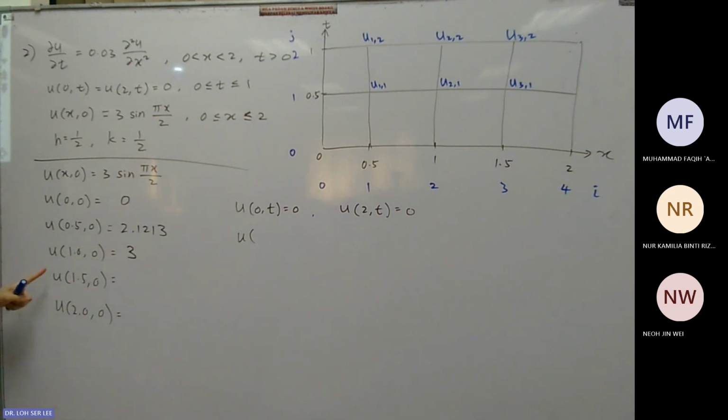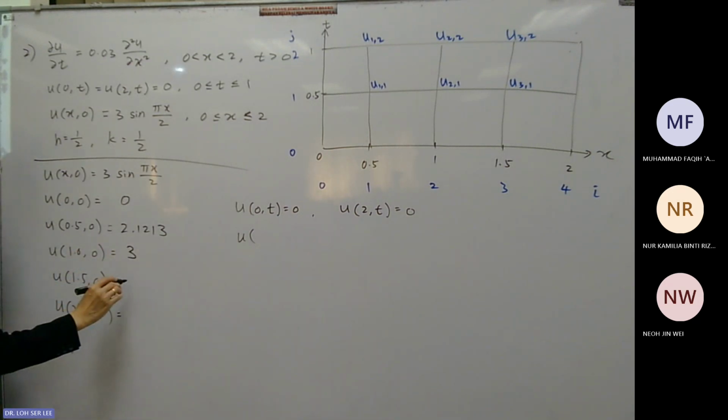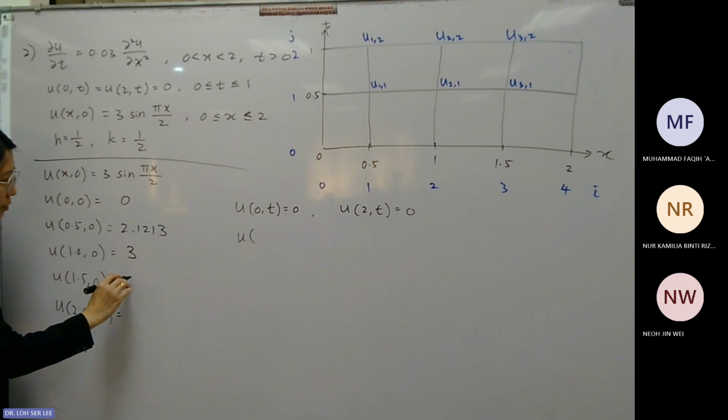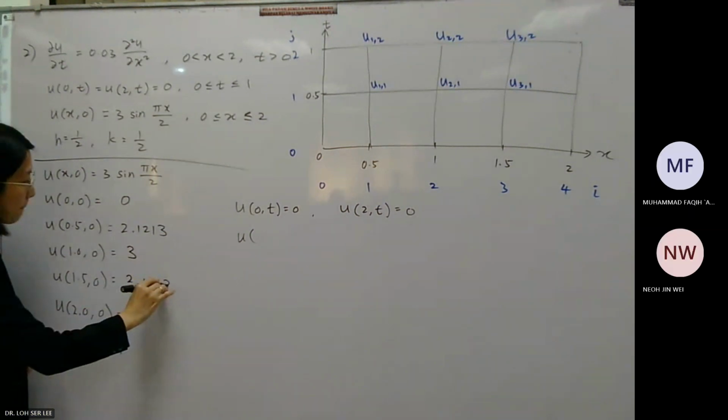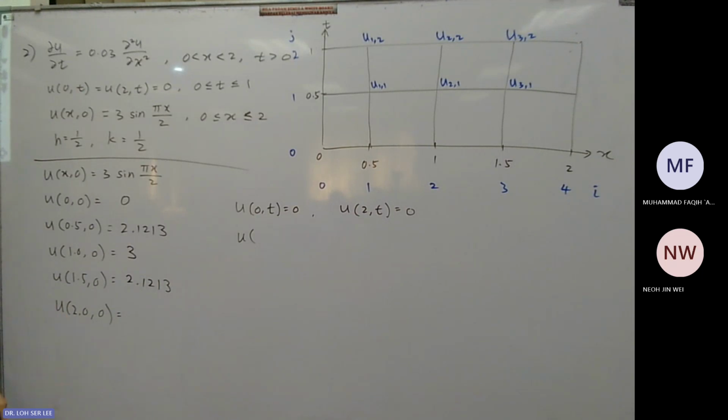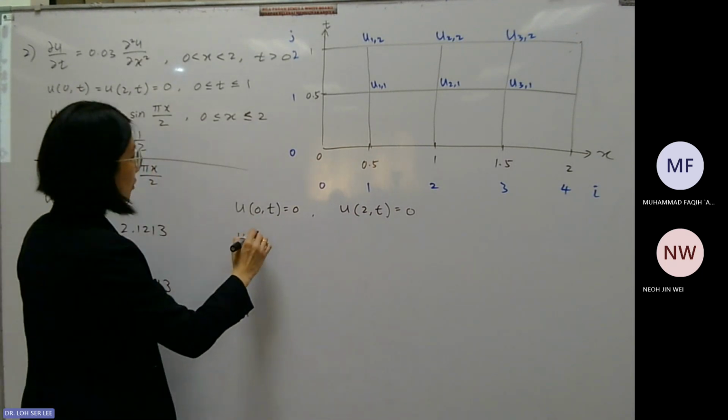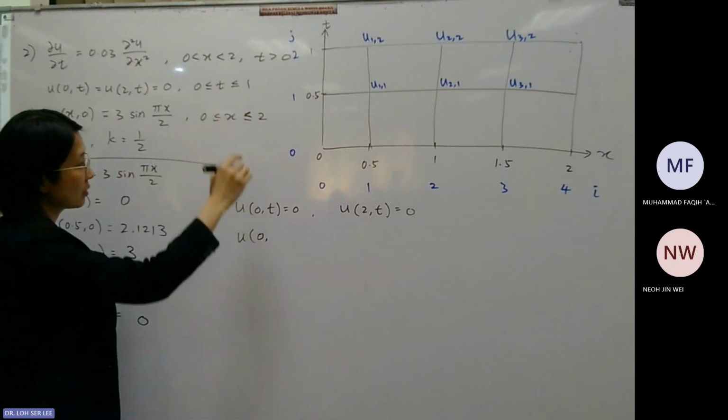Three. Next one, 2.1213 again. And this one, sine phi is 0. Okay. So this one, your t, you have 3 values.